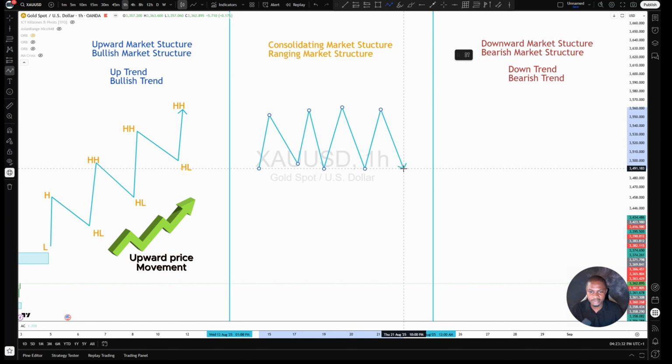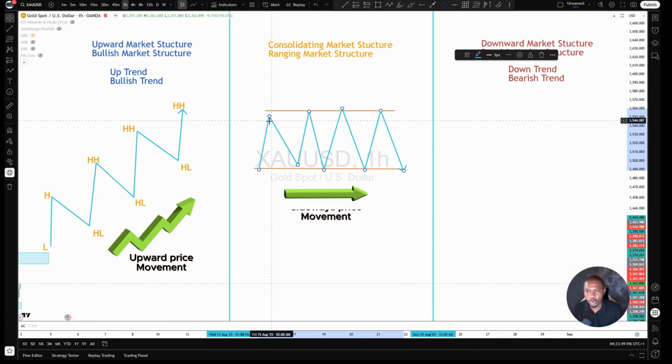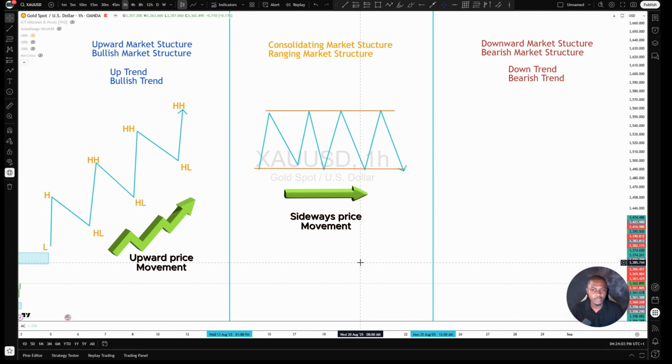It moves in a sideways manner. Now, the market moves within a specific price range like this. That's a ranging market structure. This is an example of a ranging market structure. So all we have here are highs and lows. They are almost equivalent to each other. Now this is a consolidating market structure.